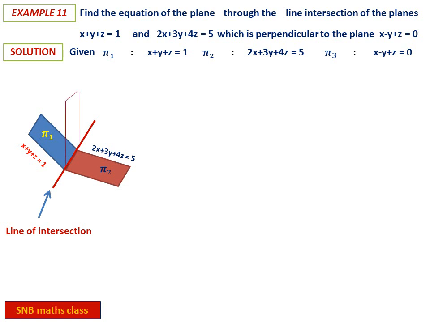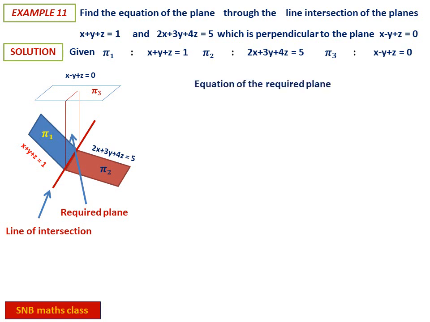Now this red plane is the required plane, and the other plane is pi 3, whose equation is x minus y plus z equal to 0. Note that the required plane is perpendicular to pi 3. That is the important thing. We are interested in finding the equation of this plane.